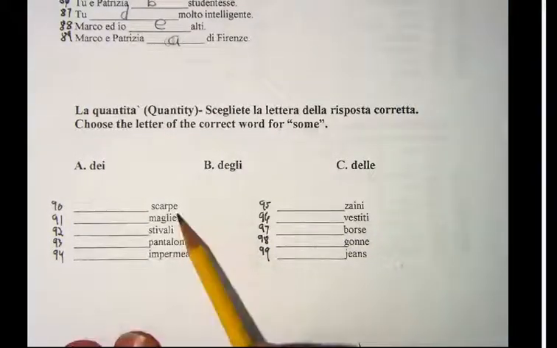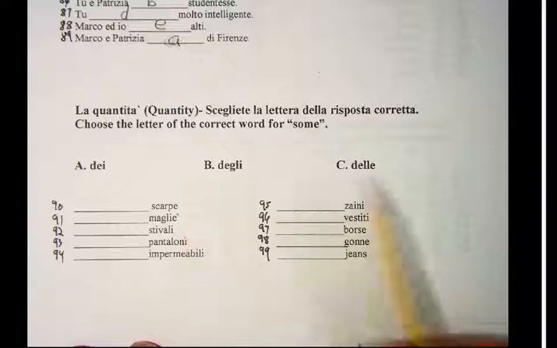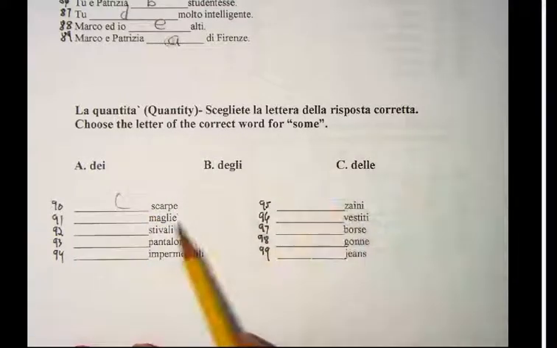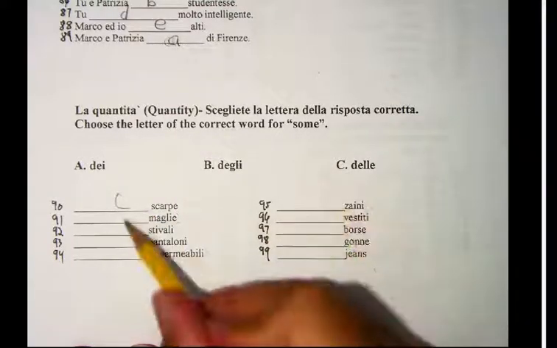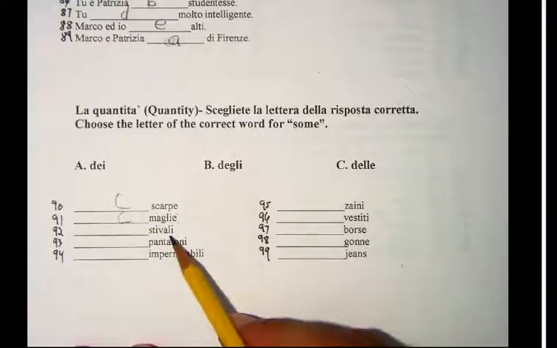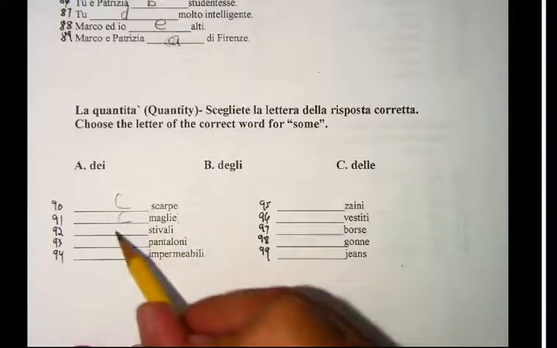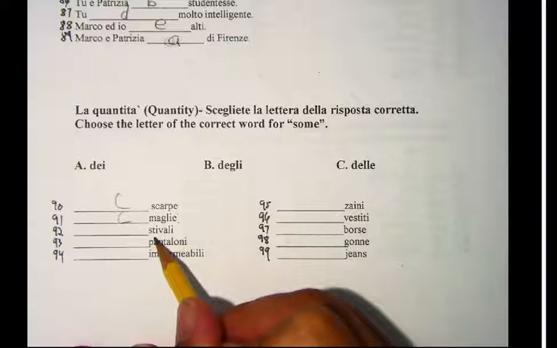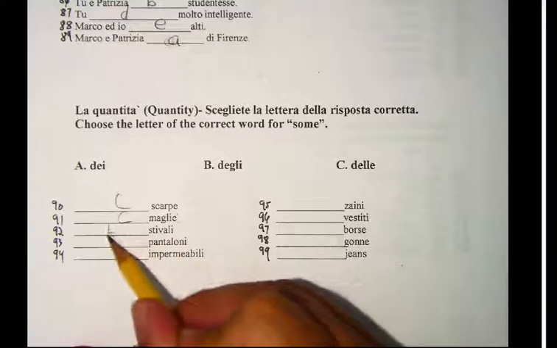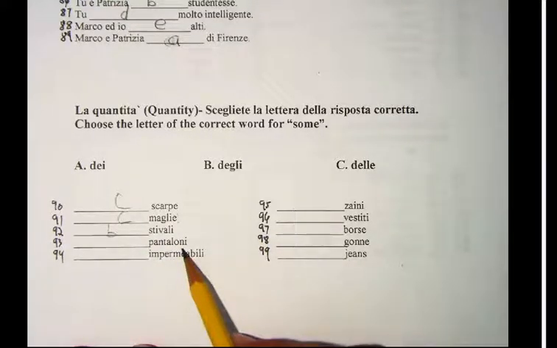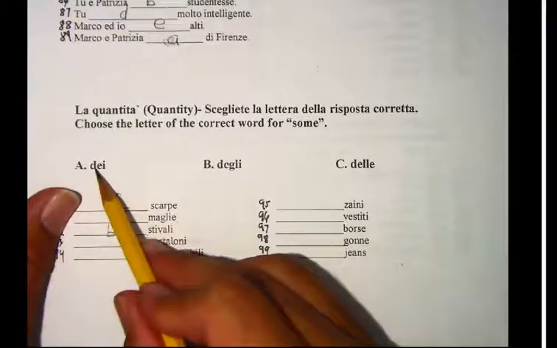Okay, so scarpe. Scarpe is shoes. All right, feminine plural. Delle. Maglie, same thing. Feminine plural. Stivali, masculine plural, beginning with an S plus consonant. B. Pantaloni. This is just like saying de plus i.